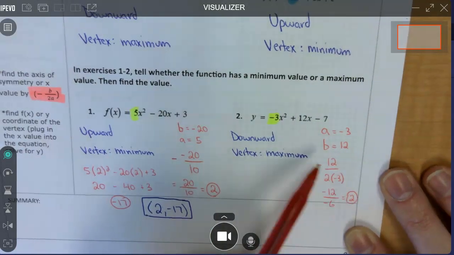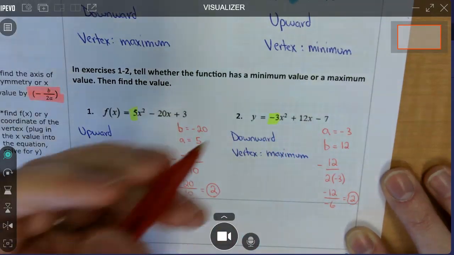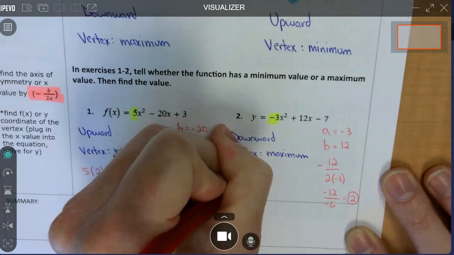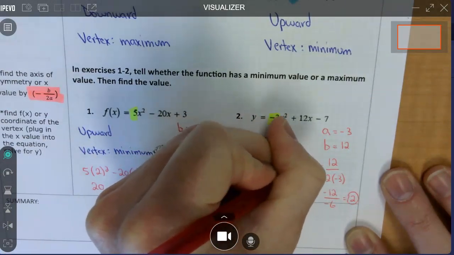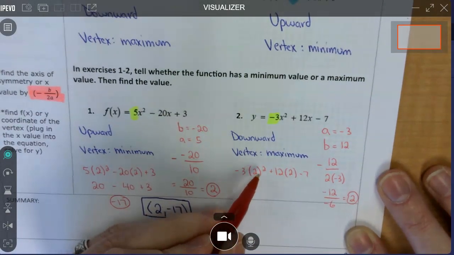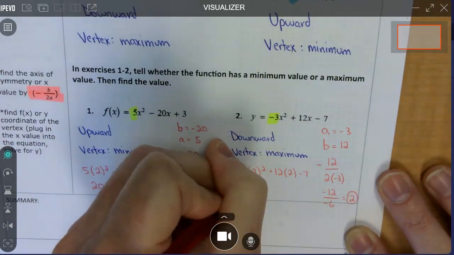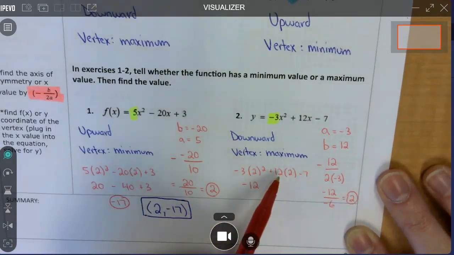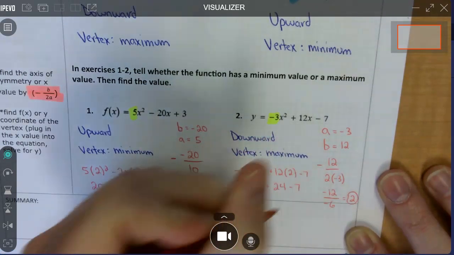Now let's plug this 2 back in for the x here and the x here to find our y value. So negative 3 times 2 squared plus 12 times 2 minus 7. This 2 squared is 4, but times negative 3 is going to be negative 12. 12 times 2 is 24, and then minus 7.